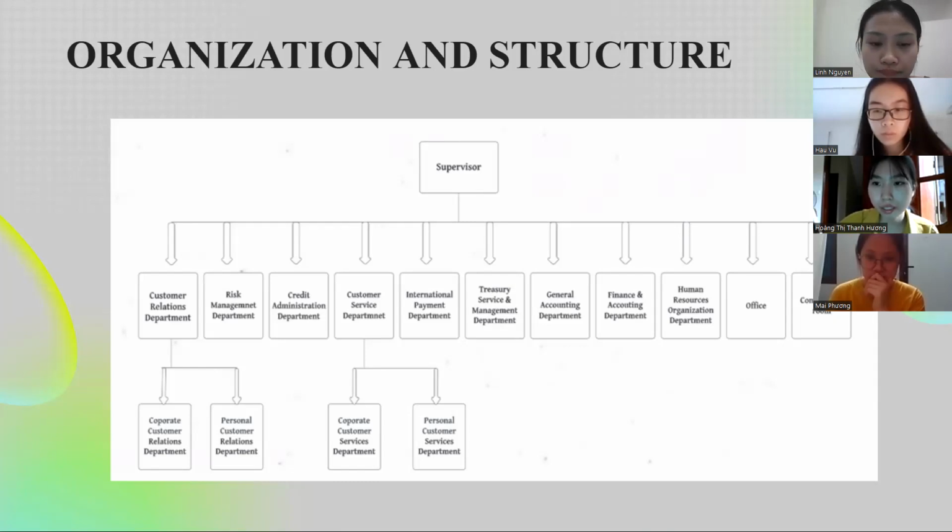Similar to that, the customer service department will also include different services for individual customers and services for business customers.